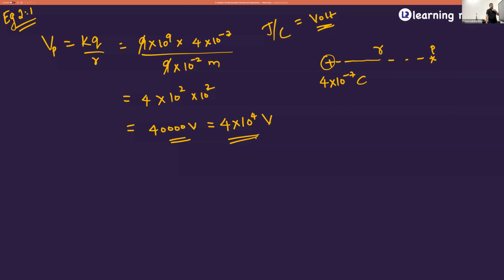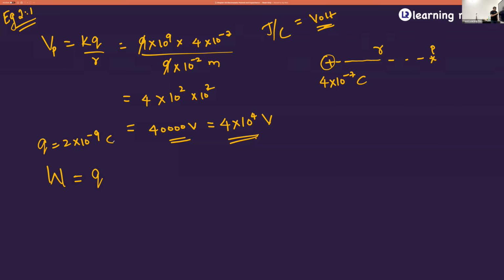Next, what is there? So work done to move a charge of how much value? 2 into 10 power minus 9 coulomb from infinity to point P. So what will you write?